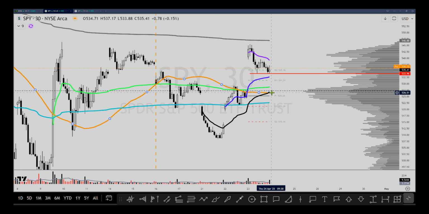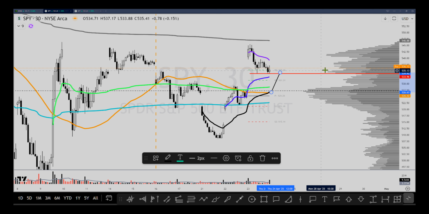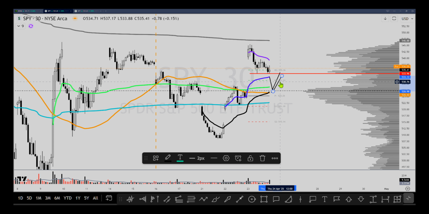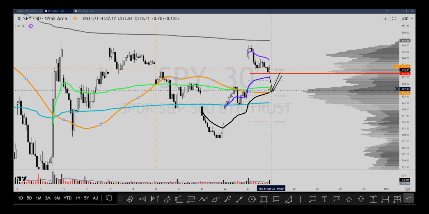Ideally, this 528 holds, offering a potential day trade bounce back into this daily VWAP premises, or if you're short in this area, starting to cover some of that short position. And if price continues to fail, monitor this 521 premises where this month-to-date VWAP lies. This could be a major level of support potentially.